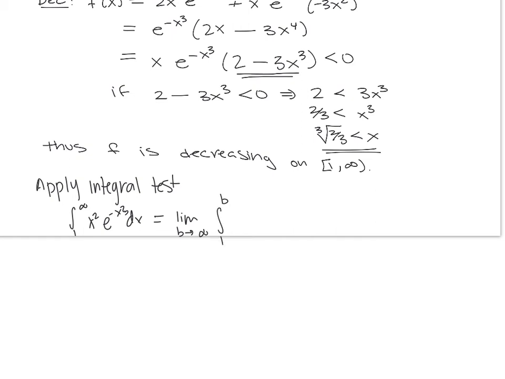So first make it the integral from 1 to b, x squared e to the negative x cubed. Let's do a substitution. Let's let u equal negative x cubed. Du would be negative 3x squared dx. If your x is 1, your u is negative 1. And if your x is b, u is negative b cubed.